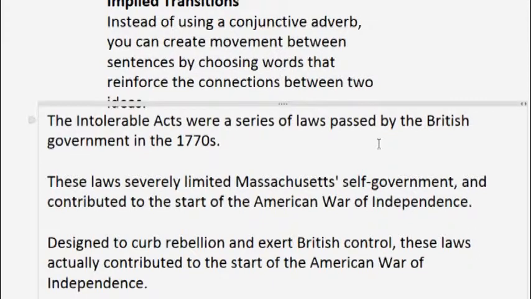So if we read it again, "The Intolerable Acts were a series of laws passed by the British government in the 1770s. Designed to curb rebellion and exert British control, these laws actually contributed to the start of the American War of Independence." So you see how that little implied transition unifies these sentences and gives me a sense of movement between the two. So there's a quick overview of how transitions work.